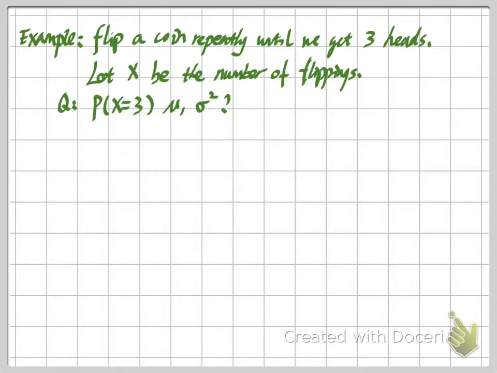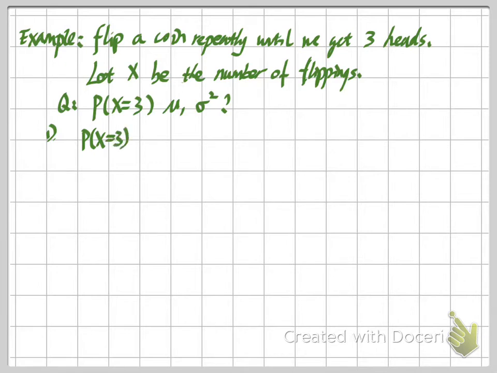And then we define a random variable x as the number of flips when we stop. The question asks: what is the probability that x equals 3, and what are the mean and the variance?